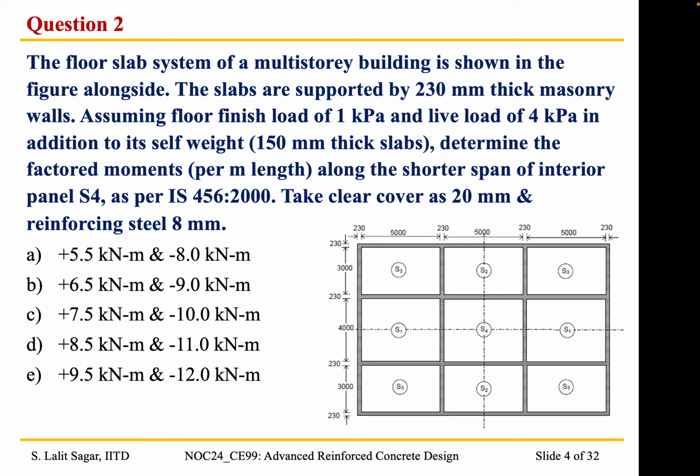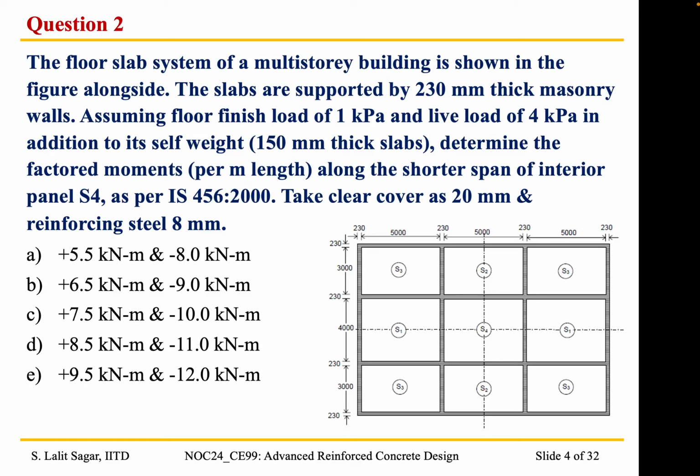If we consider 150 mm thick slabs, a floor finish load of 1 kPa and a live load of 4 kPa, determine the factored moments per meter length along the shorter span of the interior panel S4. So for this interior panel, what would be the factored moment along the shorter span?